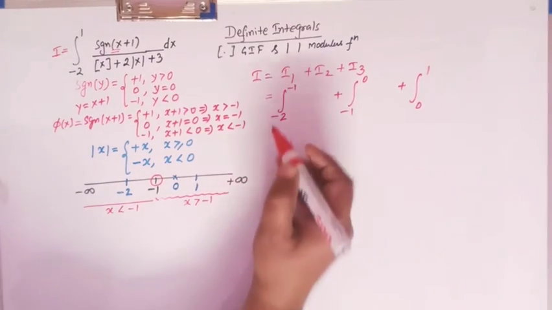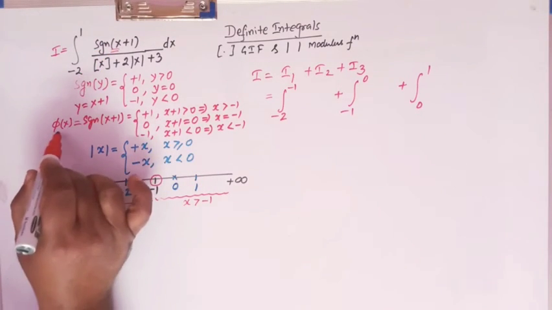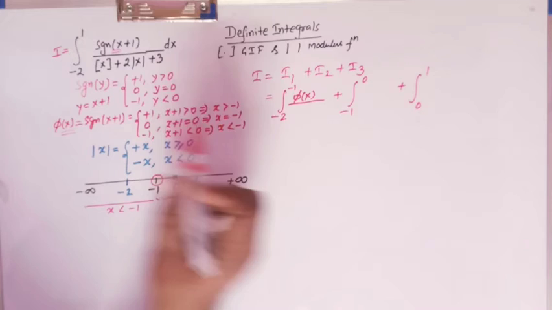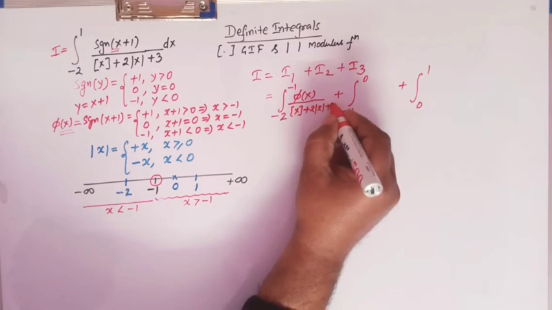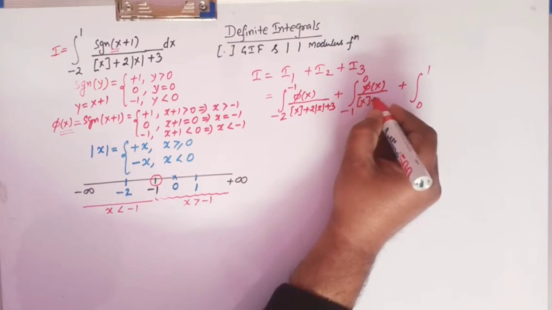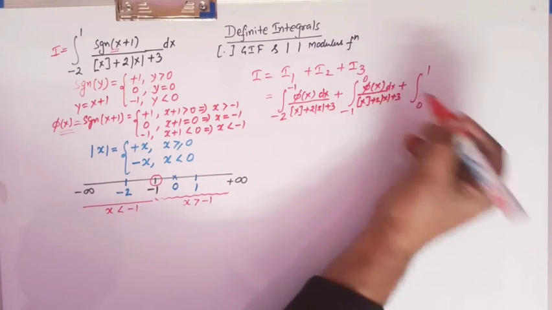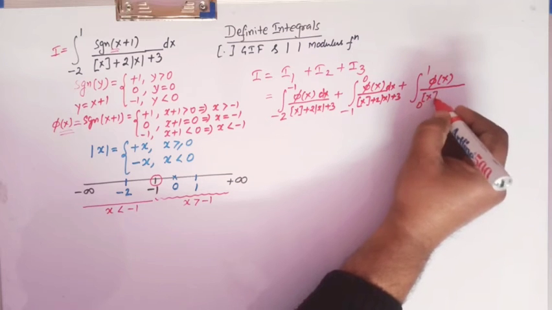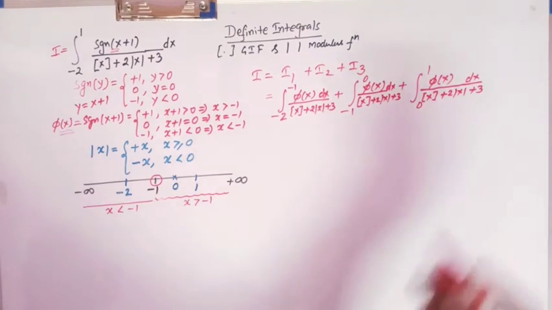Here we can write our integrand: for signum of x + 1 we write the function phi of x, just as notation. So we have phi of x over greatest integer x + 2 times mod x + 3, with dx, in each of the three integrals.